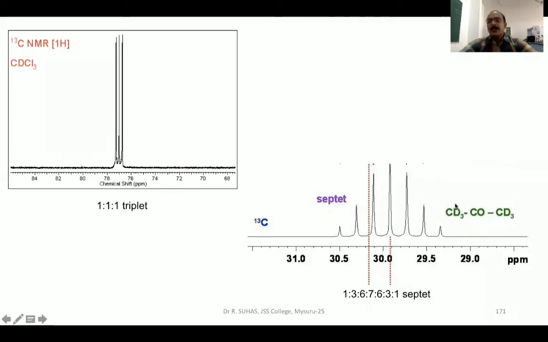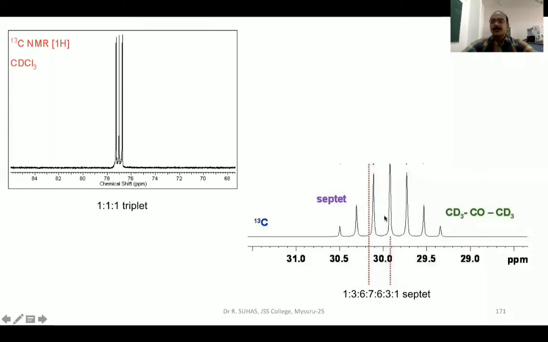Say for example, if you use deuterated acetone or deuterated dimethyl sulfoxide, that is DMSO. So here 3 deuterium is attached to carbon and hence N is equal to 3. 2 into 3 into 1, 6. 6 plus 1 is 7. So 7 is septet. That will be in the ratio of 1:3:6:7:6:3:1. You are going to get a septet here.